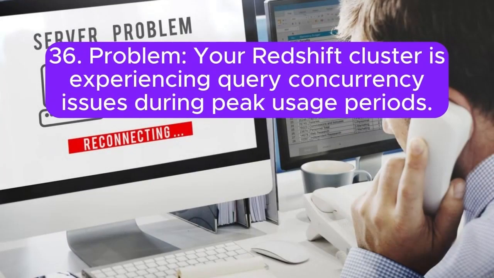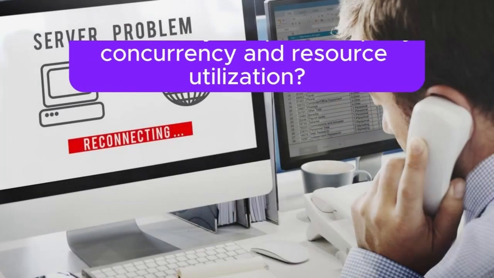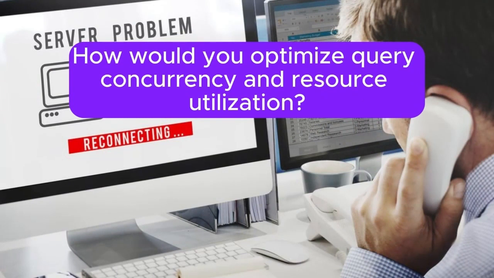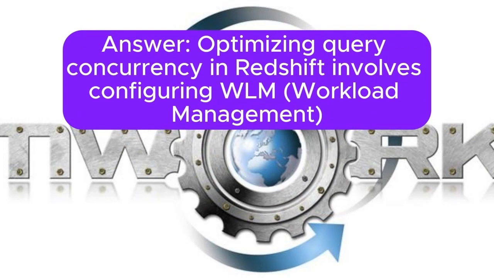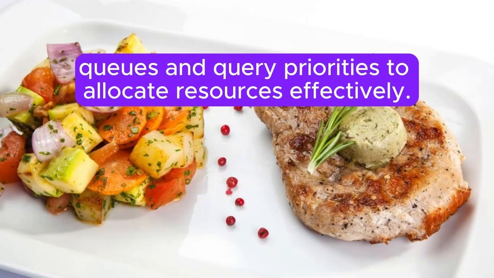36. Problem: your Redshift cluster is experiencing query concurrency issues during peak usage periods. How would you optimize query concurrency and resource utilization? Answer: optimizing query concurrency in Redshift involves configuring WLM, workload management, queues and query priorities to allocate resources effectively.